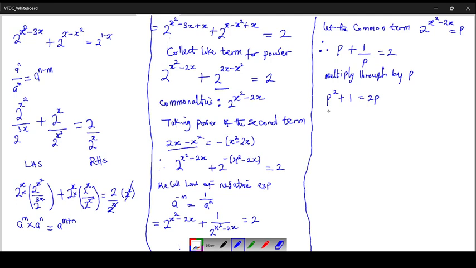That's what we get. So I rearrange. This is looking like a quadratic equation. So I have here p squared minus 2p plus 1 is equal to 0.